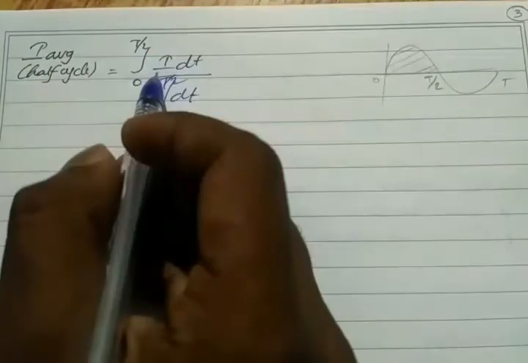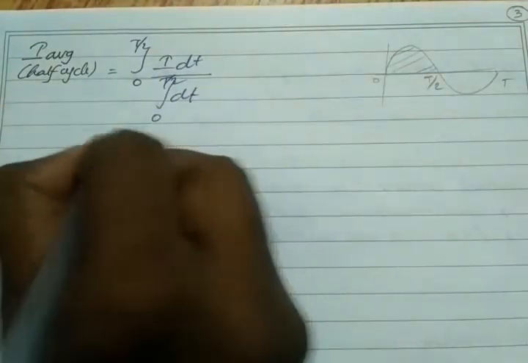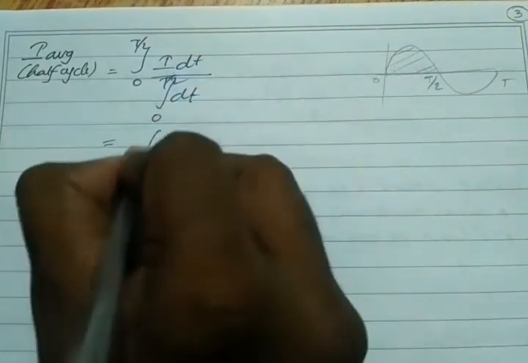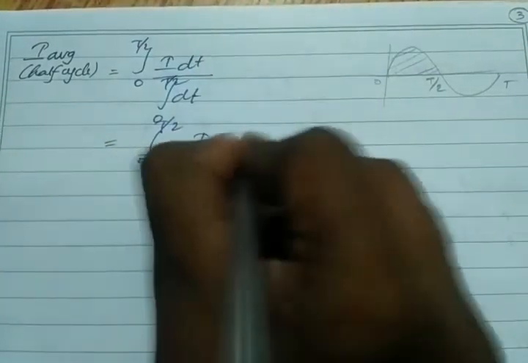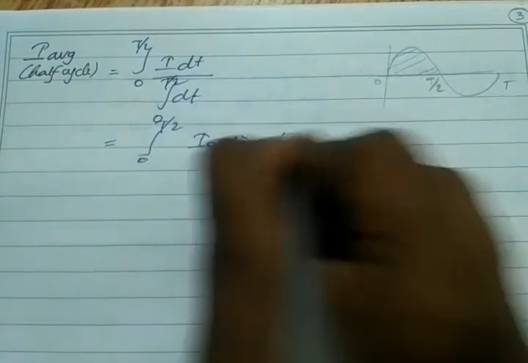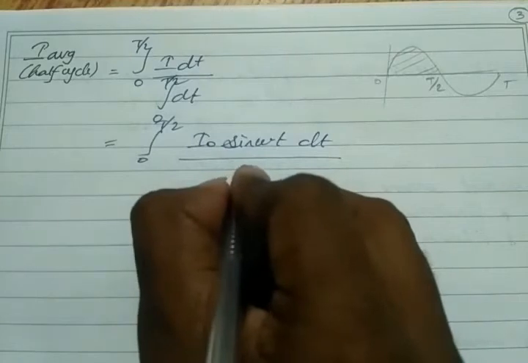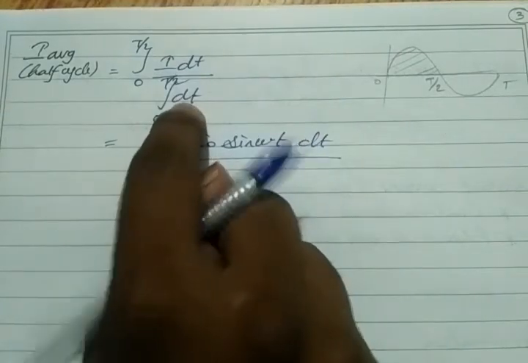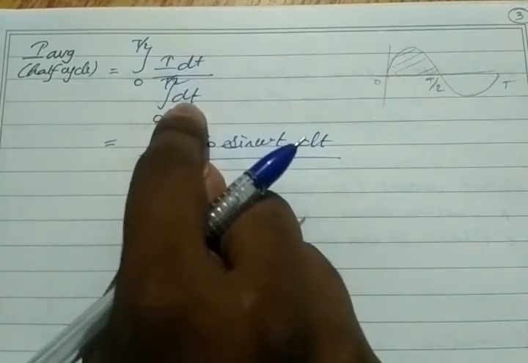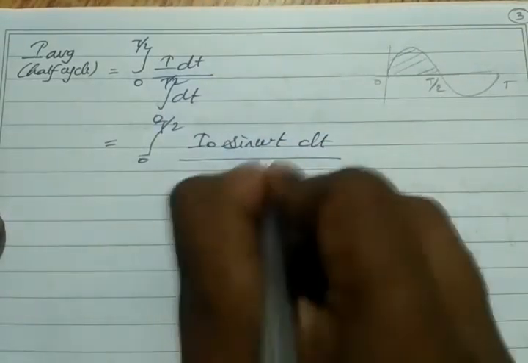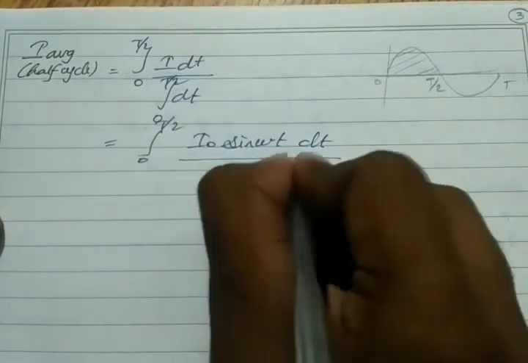Okay, substitute the value of current in AC form. In AC form we have 0 to T by 2. Instead of I, substitute I naught sine omega t, dt, divided by the integral of dt, which I can simply integrate here. We know the integral of dt will be t, with lower limit and upper limit.